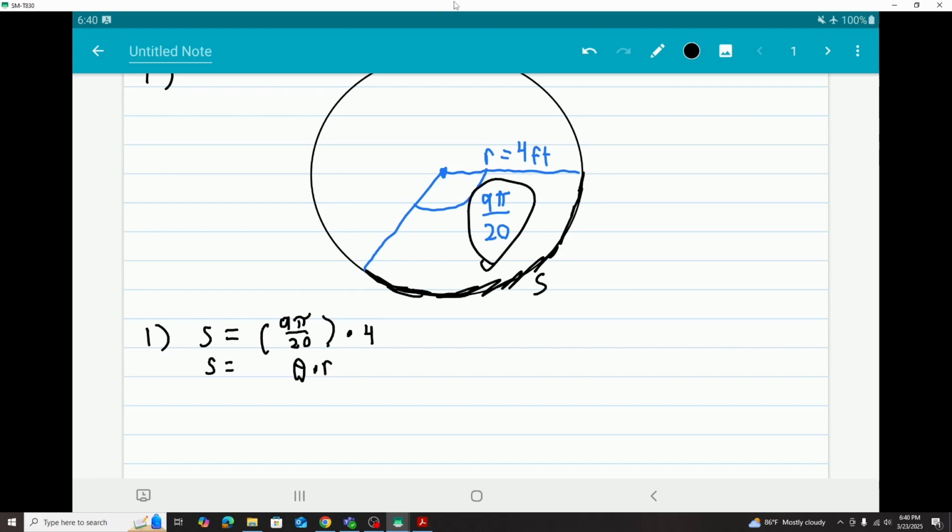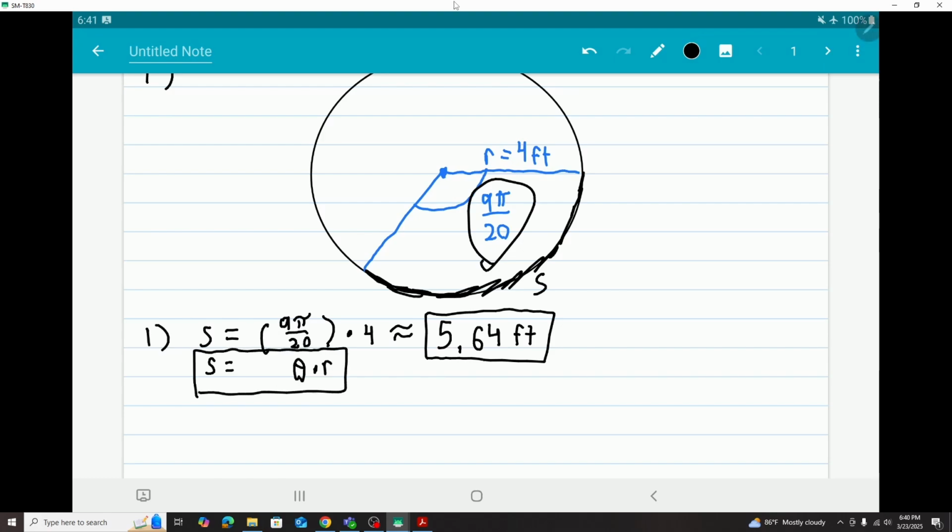And now I would put this into a calculator, and I would get that this is roughly 5.64. And then my unit there is in feet, because the radius is in feet, and that's a length. So we have 5.64 feet, roughly. And this is the formula in general.